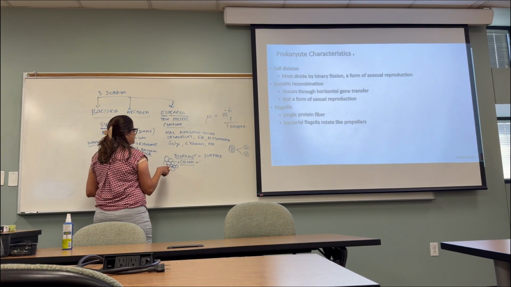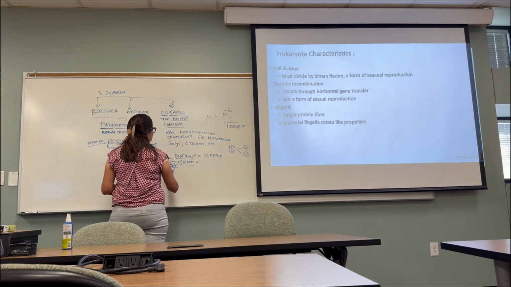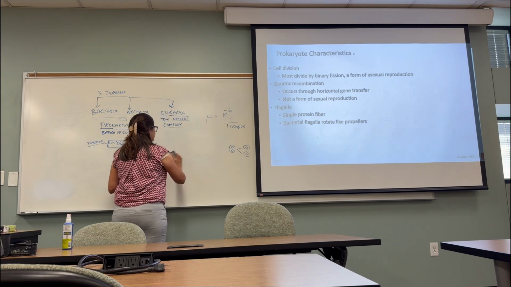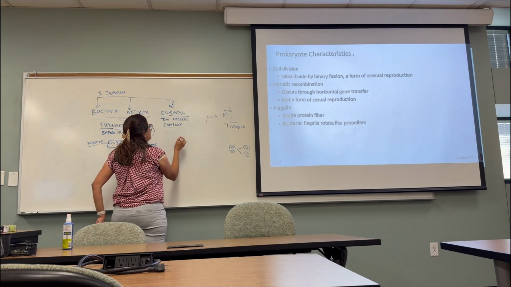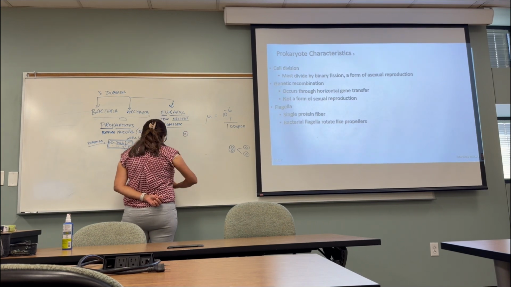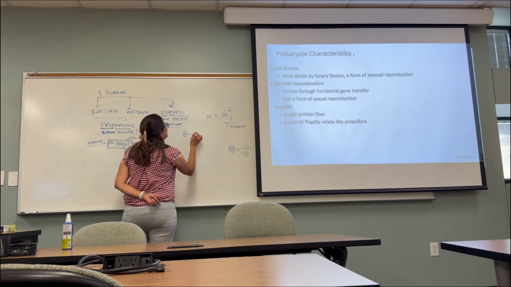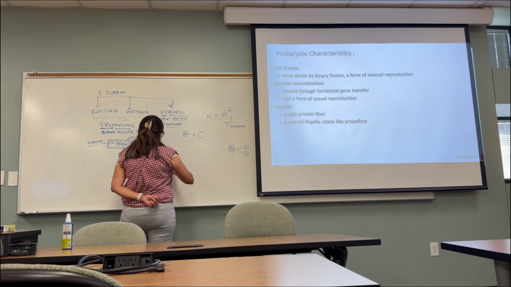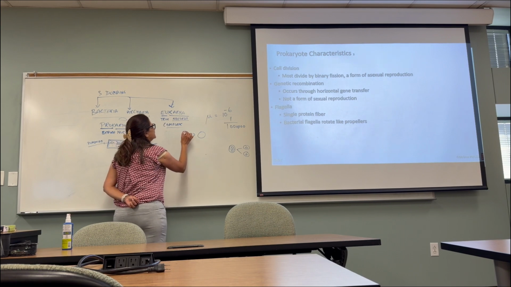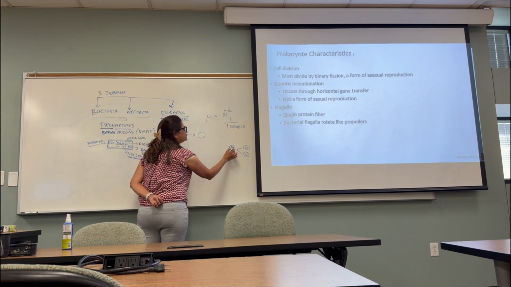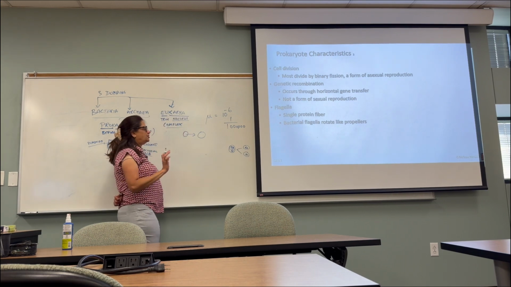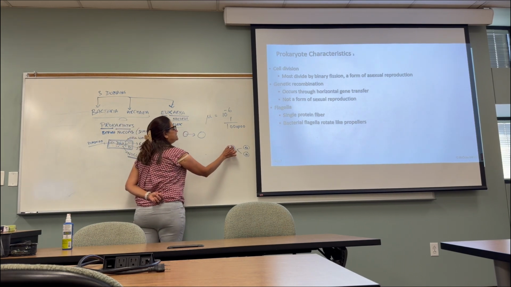Horizontal gene transfer is when genetic information goes from one cell to another cell in the same generation. This is not a nucleus. Please don't misinterpret it as a nucleus, because prokaryotes do not have a nucleus. This is just the DNA.